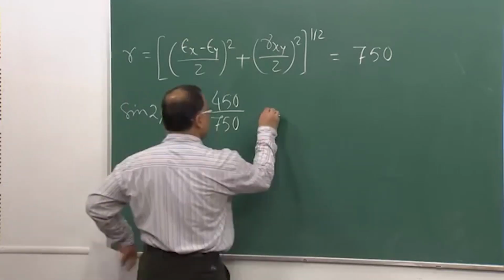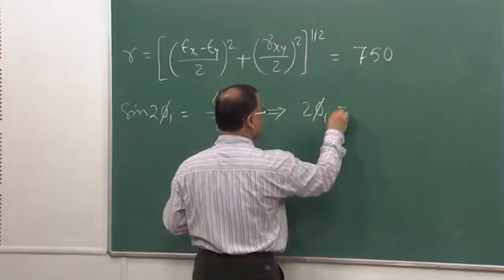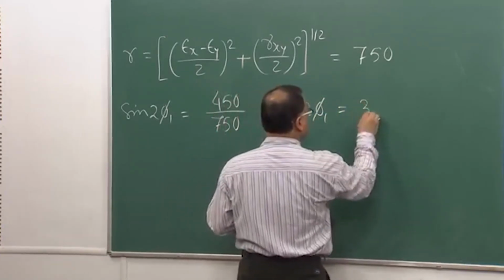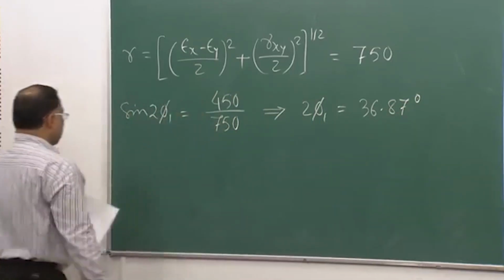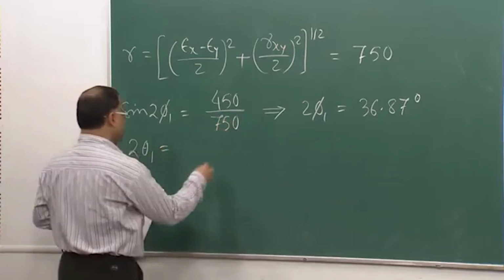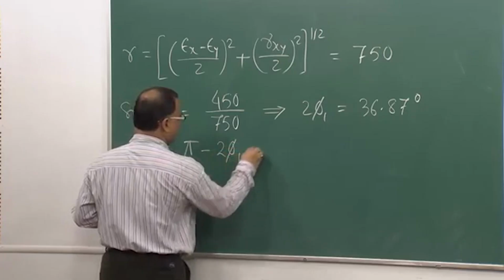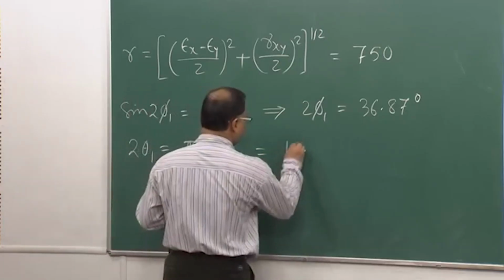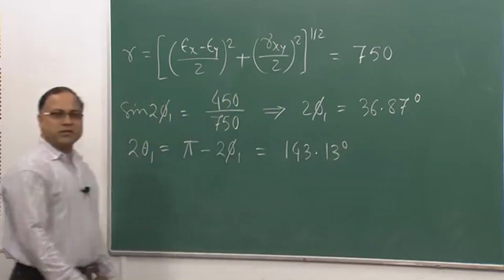So, that gives me twice of phi 1 is equal to 36.87 degree. Okay. Therefore, twice theta 1 can be obtained from this figure, pi minus twice phi 1, which is nothing but 143.13 degree. Very simple, right?